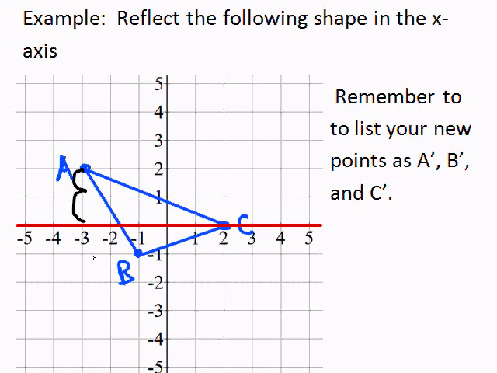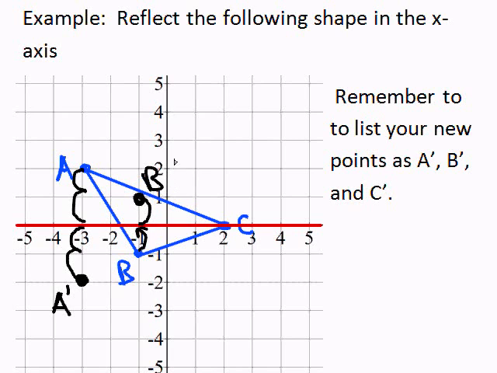So to find the reflection of that first point, we're going to go 2 on the opposite side. 1, 2. I'm going to draw my new point and label it A prime. Let's go to B. B is 1 away from the x-axis, the line that we're reflecting over. So I'm going to go 1 to the opposite side and draw a new point.